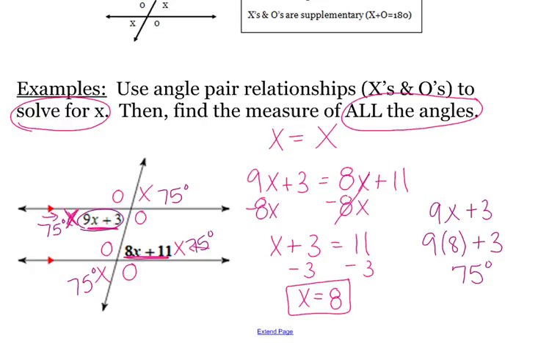How do we find the o's? What do we know about x plus o? X plus o equals 180. So if my x is 75, we subtract to get 105 degrees. All of my o's are 105 degrees.